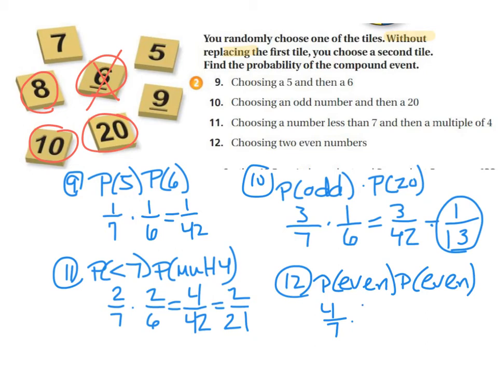So that would be 3 out of 6. So 4/7 times 3/6 would give us 12/42, and we can divide top and bottom by 3. So I would get 4/14... 2/7.